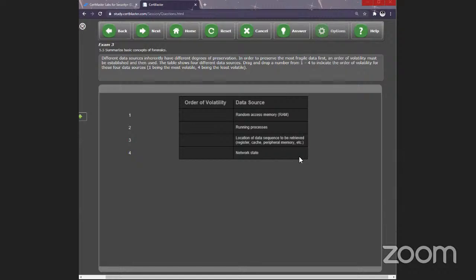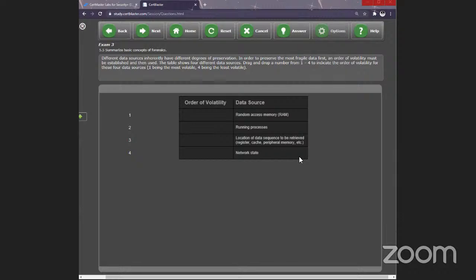Remember, I'm trying not to give the answer without giving the answer. Volatility means we're talking about retrieving data from locations where it can just disappear, right? If you were to unplug your computer or disconnect it from the local area network.